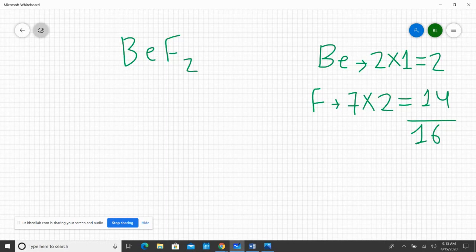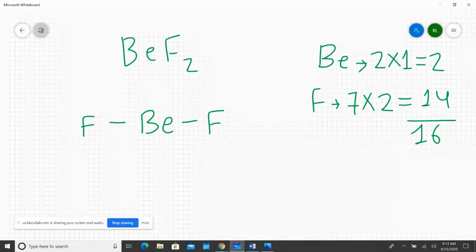All right, now I'm going to draw the Lewis structure, and it's going to look something like this.